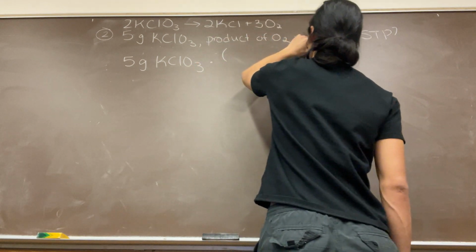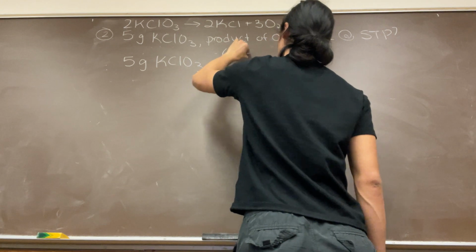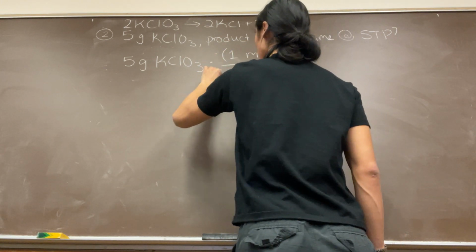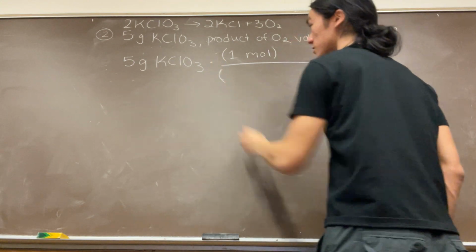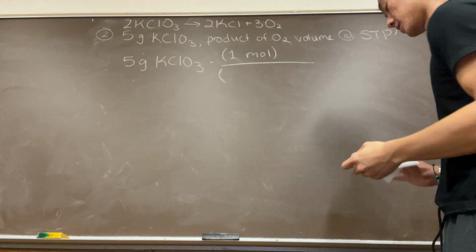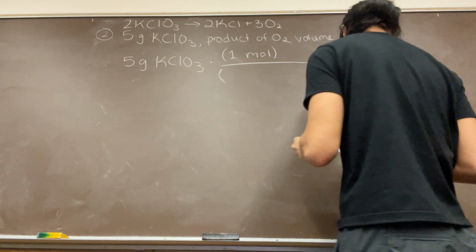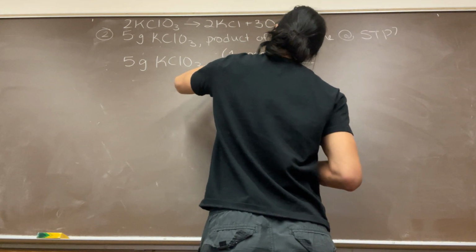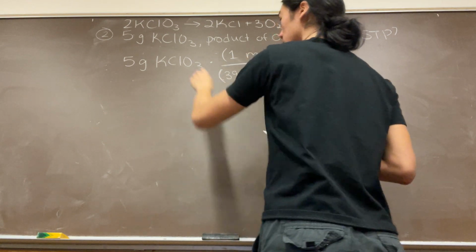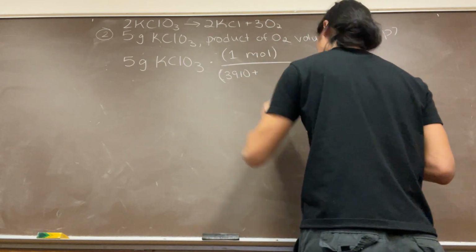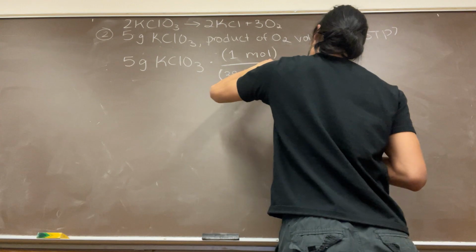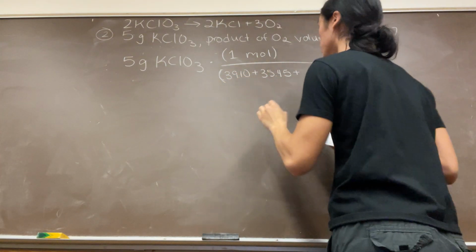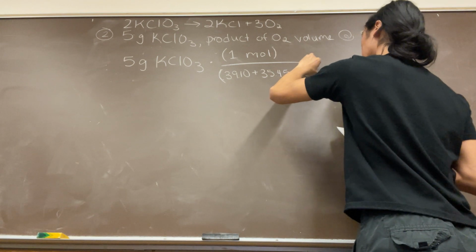How many moles? 1 mole of this is equal to how heavy? We need to add up each of these individually. So how much is 1 mole of potassium? Potassium's weight is 39.1. So we have 1 potassium plus 1 Cl, which is chlorine, 35.45, plus 3 oxygens, right? So 3 times 16.